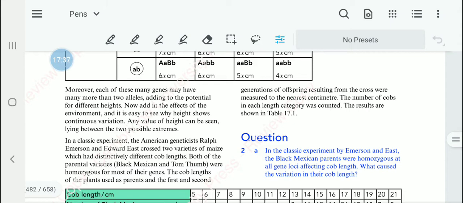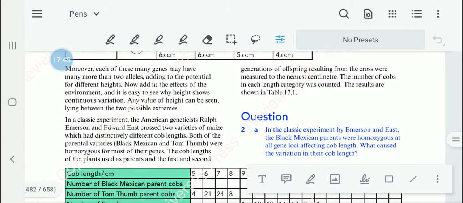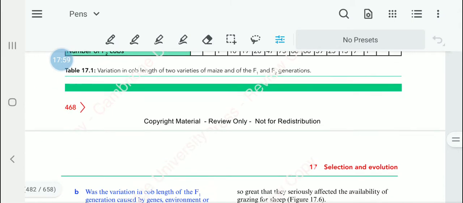Then they figured out the cob lengths of the plants used as parents and the second generation of offspring that resulted from the cross, and when they were measured in centimeters, they produced this variation. The variation here, this is for you to understand, right?